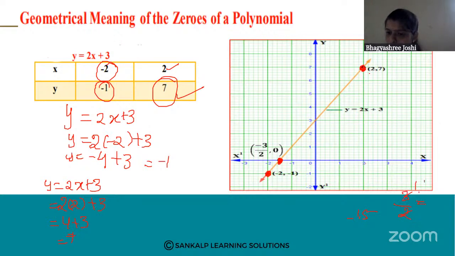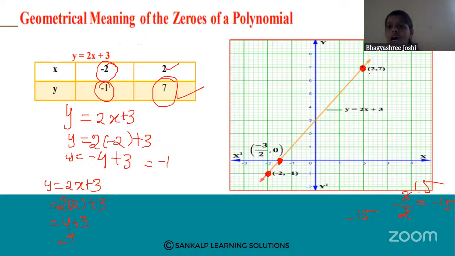So here it touches the x-axis. Therefore, this point, -3 by 2, 0, is the zero of this polynomial.